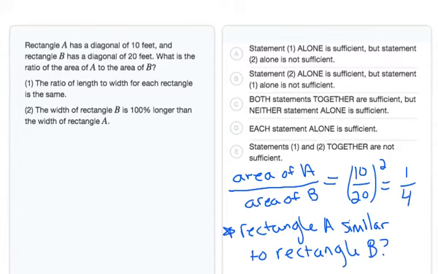So when we go through and look at the statements individually, if we're able to tell that the two rectangles are similar, then we can conclude that we would be able to find a value for the ratio of areas. So let's go ahead and start with statement 1.